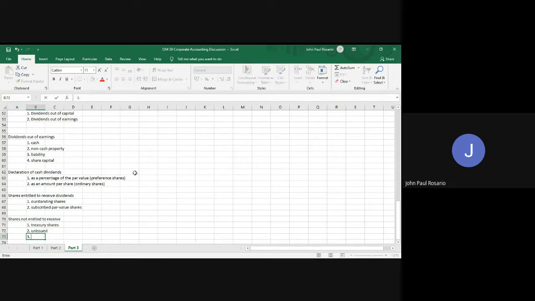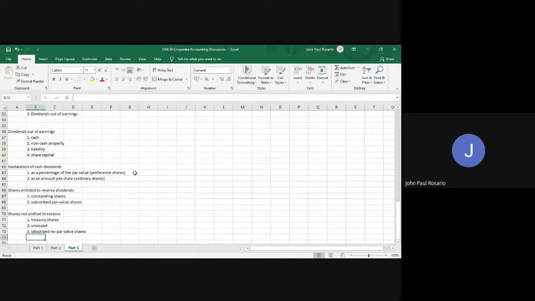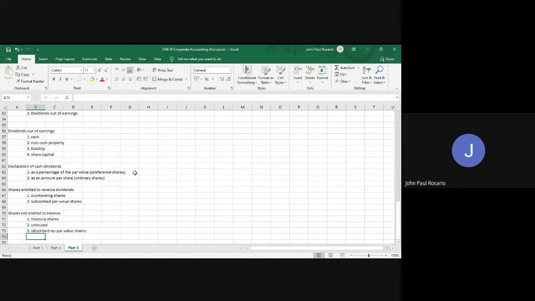And then ang ato apong subscribe no par value shares, no par value. But don't worry because in all of our quizzes and all of our problems naman, everything is katong with par value. Okay? So, ayun.